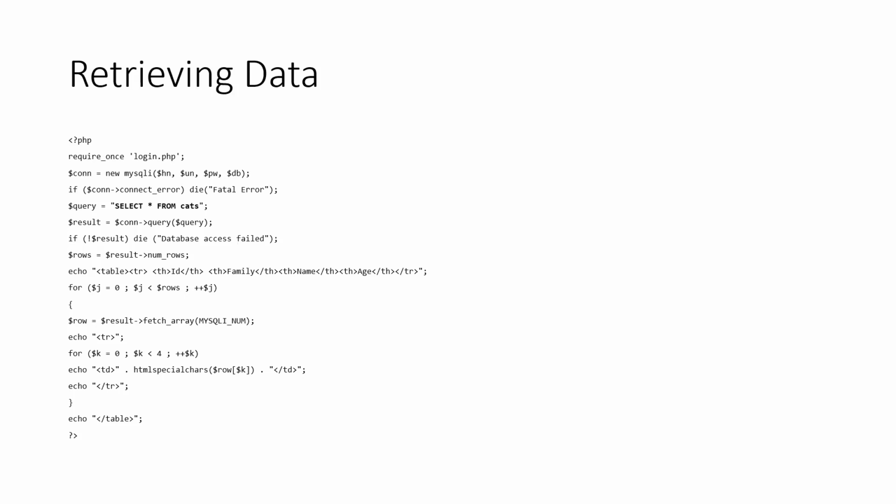Retrieving data we have already seen, but in this example you will see there are many ways to display information. One simple way is to create some table structure and then display them. In this example we do the same, getting the information and putting it into a tabular form.